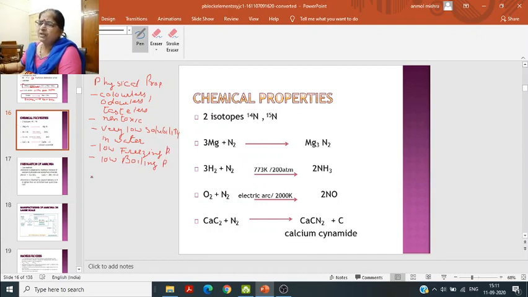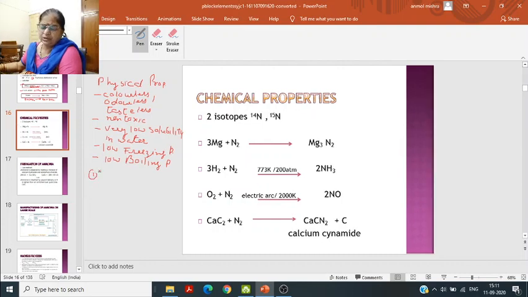Now nitrogen, this is a very important question, that is nitrogen is inert at room temperature. Nitrogen is inert at room temperature because of high bond dissociation energy, high bond dissociation energy of the N triple bond.